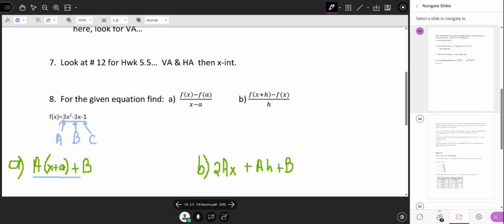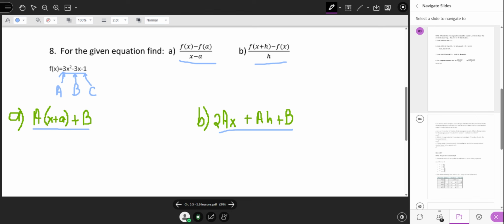This is the formula for part A. This is the formula for part B. So A is 3, and x plus A is just part of the formula. And this is a little a.